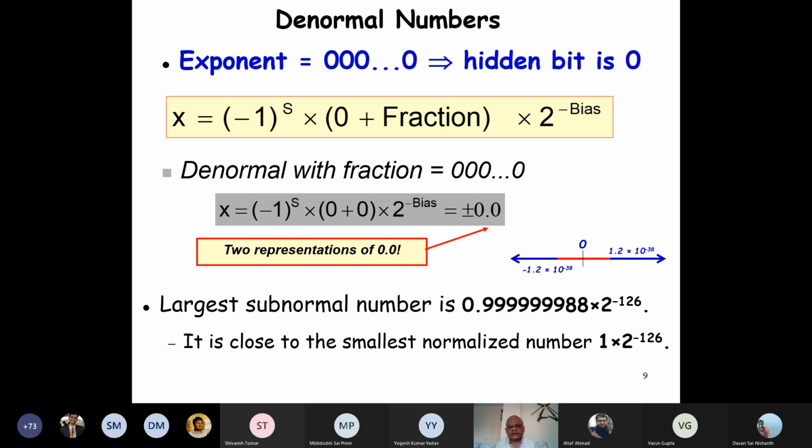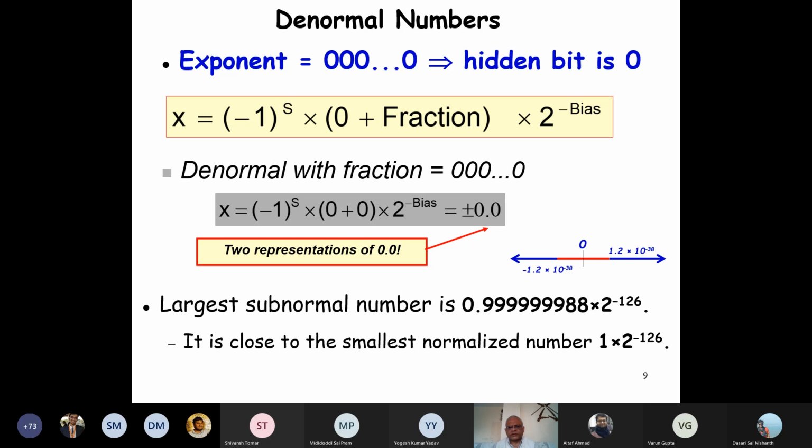But what is more interesting is that the largest subnormal number, if we have the fraction, is 0.9999, etc. and 2 to the power minus 126.